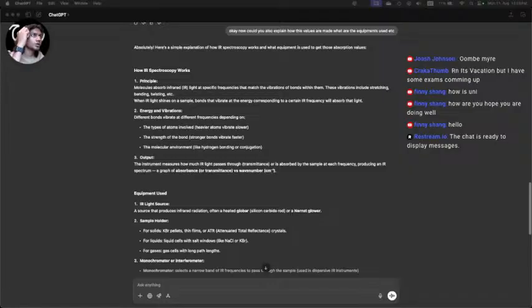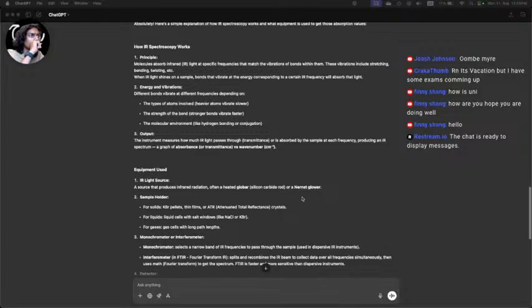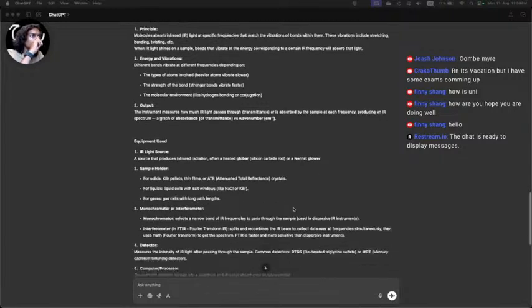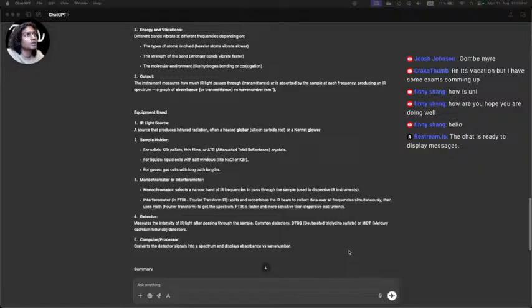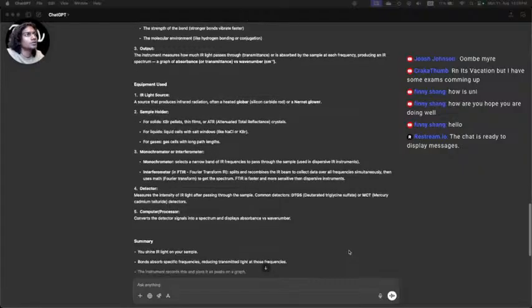Detectors such as deuterated triglycine sulfate or mercury cadmium telluride. Computer converts the detector signals into a spectrum and displays absorbance by wave numbers.